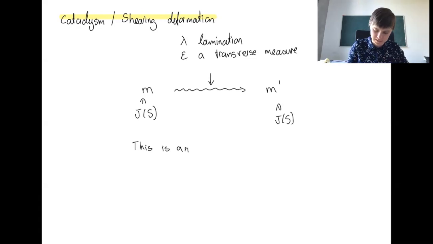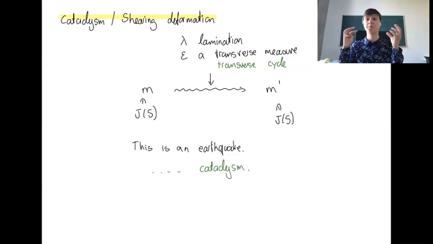And this is an earthquake. But now I could also take a transverse cycle. And this is a cataclysm. So a transverse measure gives an earthquake, meaning we can only shift in one direction. A transverse cycle is not a measure, so the values of ε can be positive and negative, meaning that we can shift to the left and to the right.